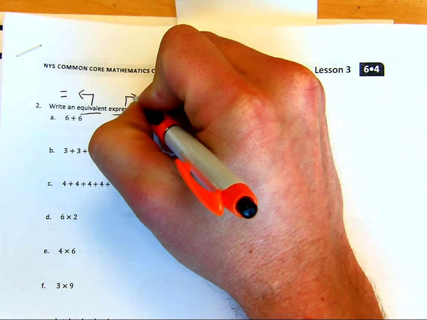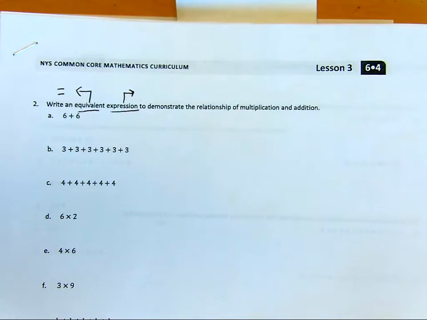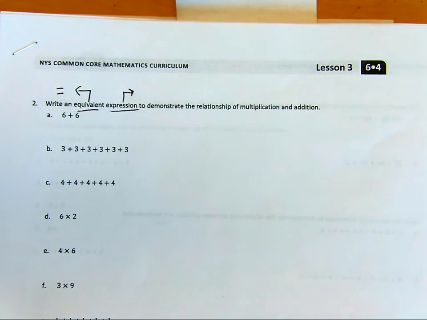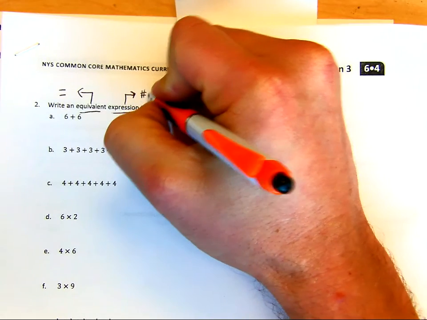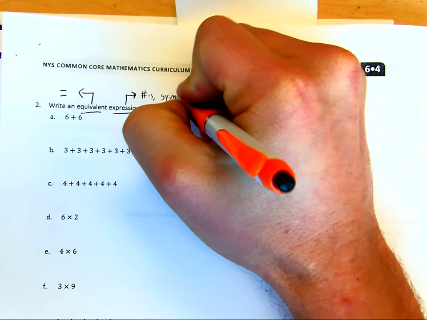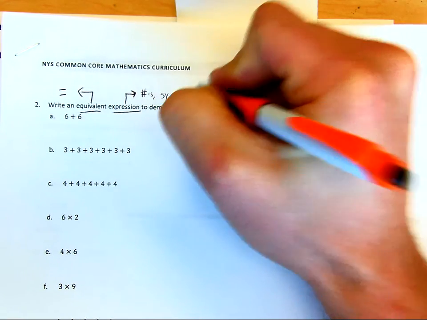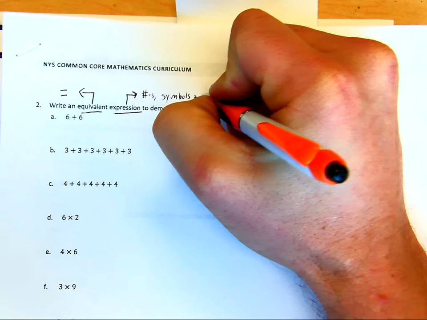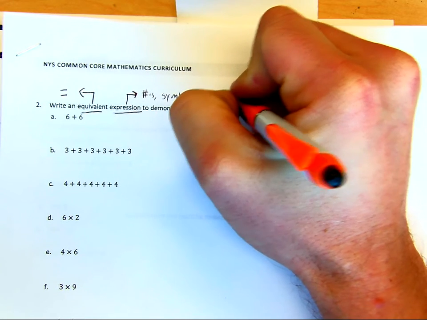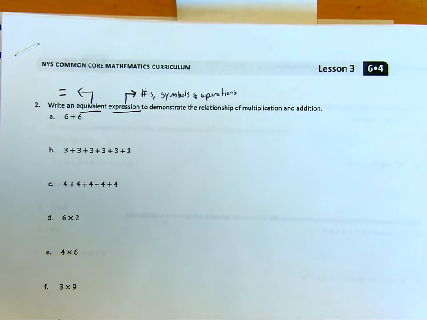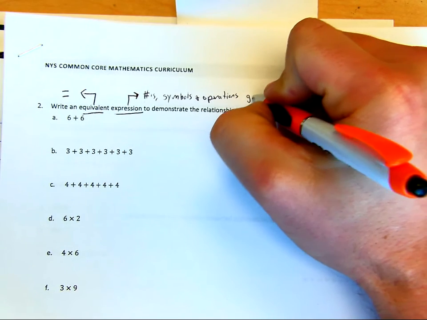Expression, I looked it up in the dictionary, and it said numbers, symbols, and operations grouped together to show the value.